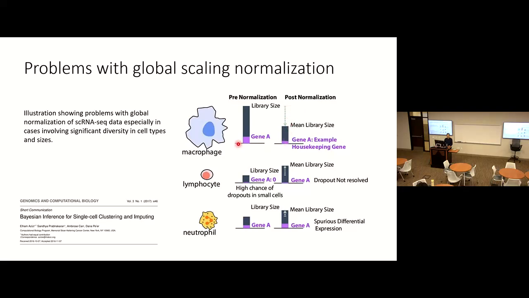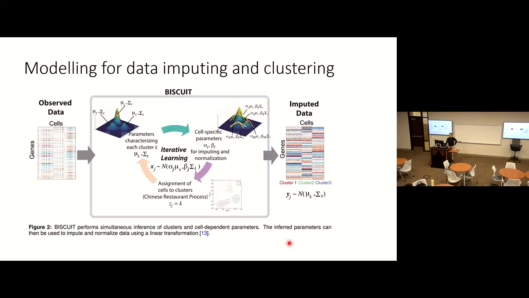Correspondingly, all the genes in macrophages will also have their expression levels pushed down. So even though a housekeeping gene is supposed to have the same expression across all the cells, the library size normalization makes it slightly biased when you estimate the expression of some of the genes, okay? Makes sense, right?